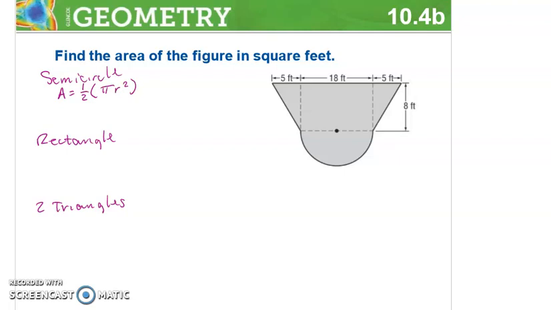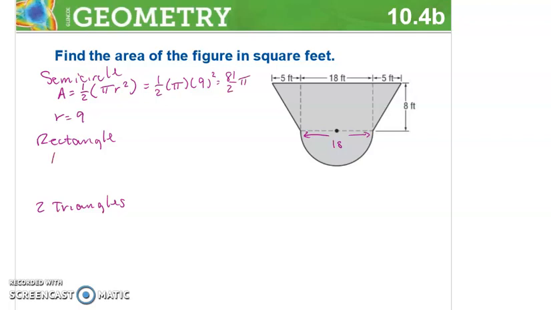The radius of this one, the 18, is the same as the diameter, so the radius of this one is 9. So the area of this one is 1/2 times pi times 9 squared, which is 81/2 pi.